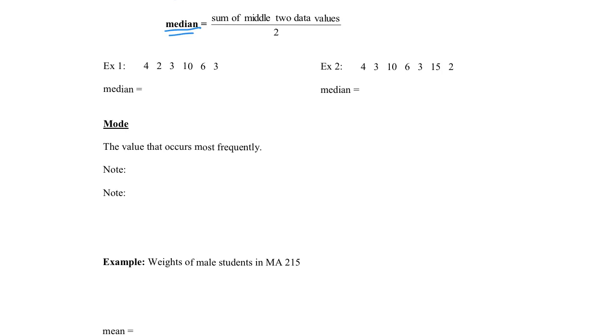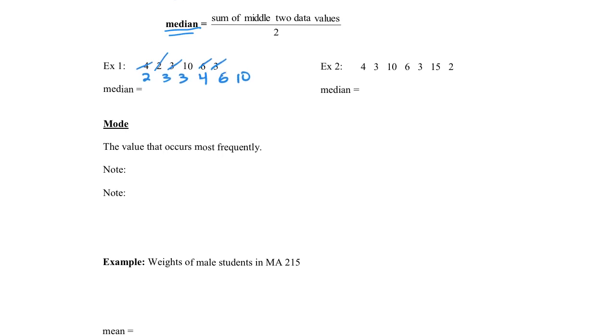Okay, so to do the median here, first I have to put these things in order, right? So I'm going to go, all right, 2, then there's a 3, and another 3, and a 4, and a 6, and then finally a 10. Okay, so they're in order.